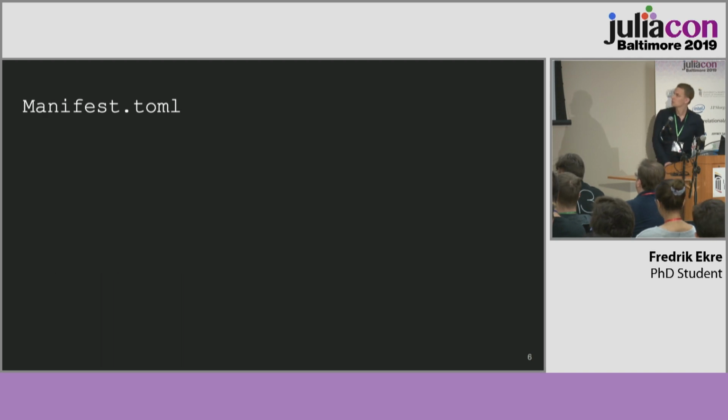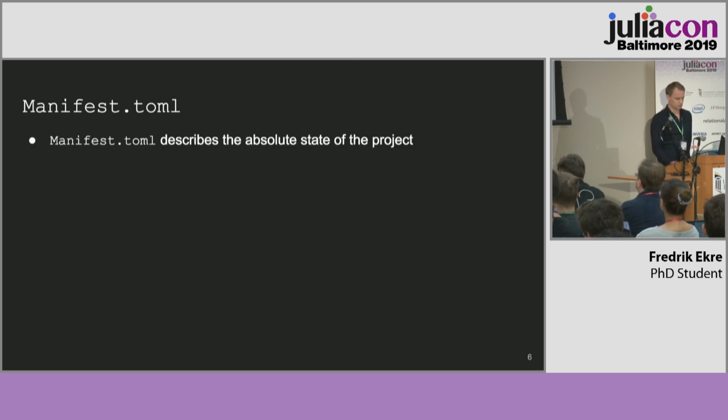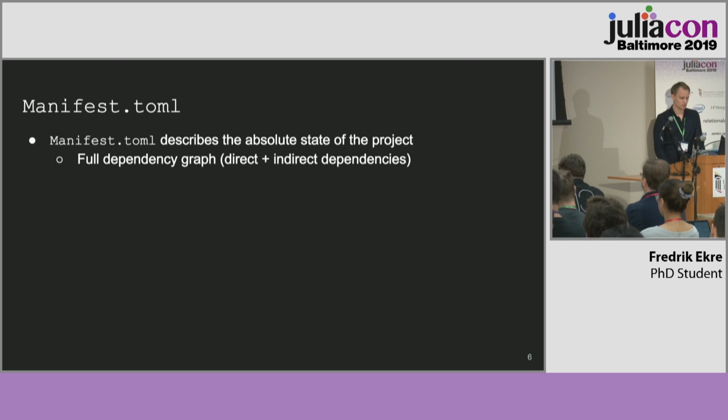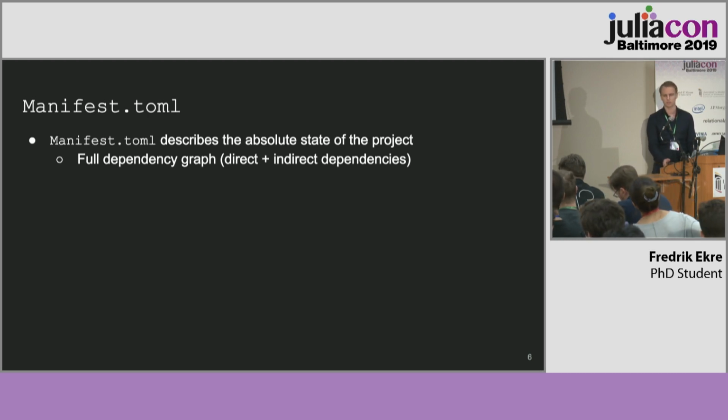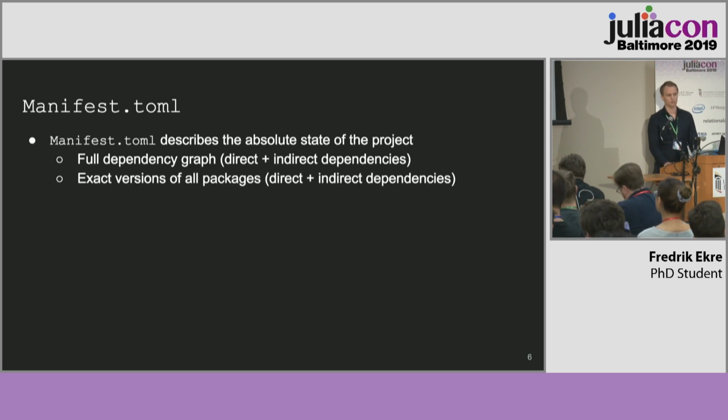All right. So usually the project file is paired with a manifest file. The manifest file describes the absolute state of the project. In particular, it includes the full dependency graph with both direct and indirect dependencies and exact versions of all the packages in the environment.